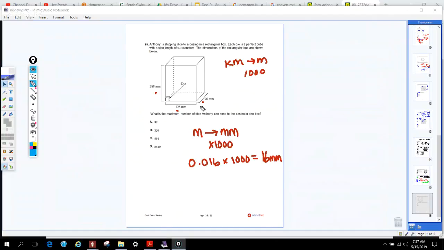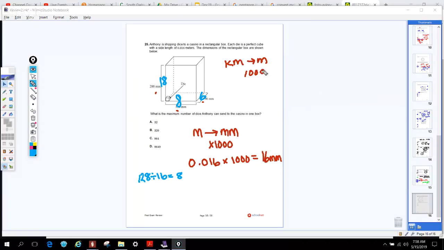Going across, we've got 128 divided by 16, which means we can have 8 going across. 96 divided by 16 means we can have 6 going deep. 288 divided by 16 millimeters means we can have 18 high.